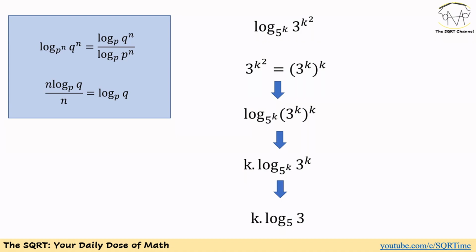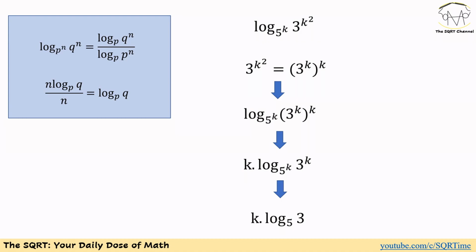Now with that, we are going to simplify the original question that we had. One of the terms that we had in the original problem is log of 3 to the power of k squared in base 5 to the power of k. Let's focus on 3 to the power of k squared for now. 3 to the power of k squared is equal to 3 to the power of k to the power of k.